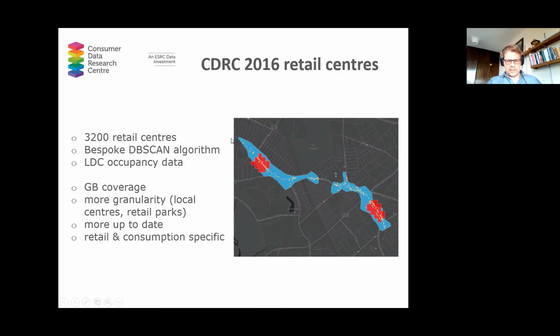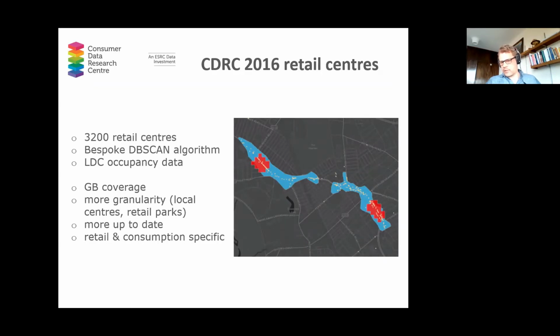As you can see, in red we're showing the extent of the DCLG retail centers, and in blue the extent of the CDRC 2016 retail centers. The yellow dots are, in some cases, massively beyond the red areas, which means that the statistics generated based on the DCLG data weren't very accurate, and in some cases were skewed quite severely.